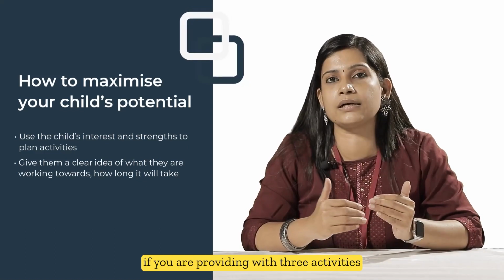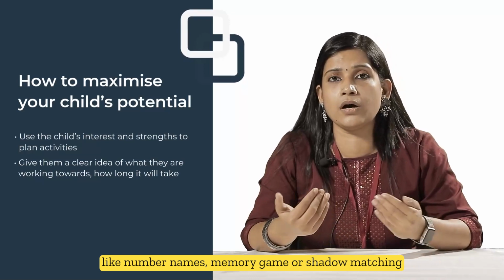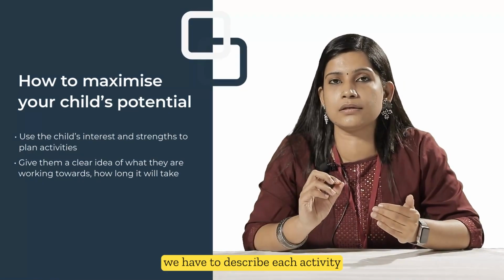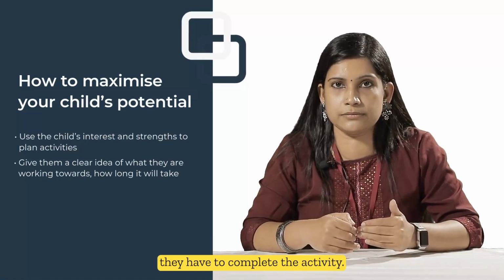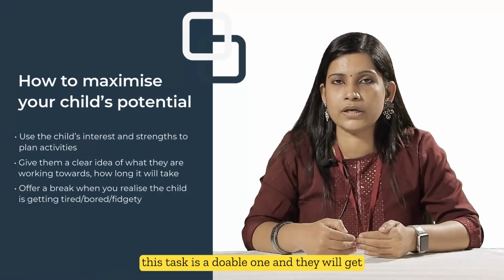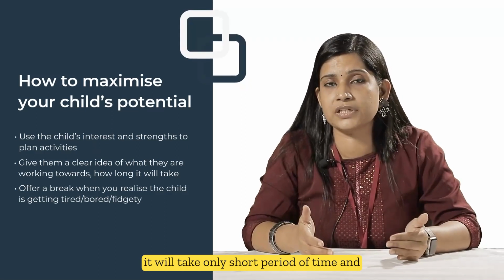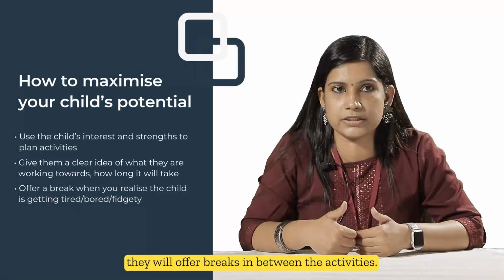For example, if you are providing 3 activities like number names, memory game or shadow matching, we have to describe each activity at the beginning itself and the pattern in which they have to complete the activity. This will help the child to understand this task is a doable one, and they will take only a short period of time, and they will be offered breaks in between the activities.